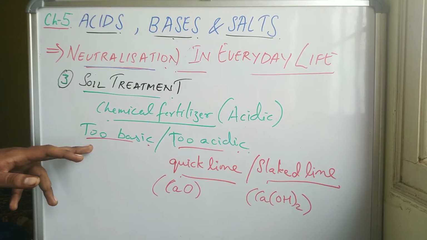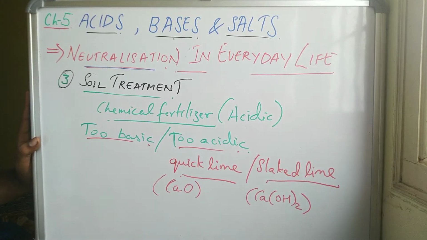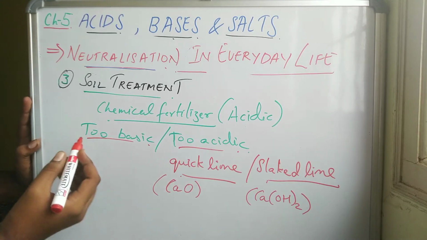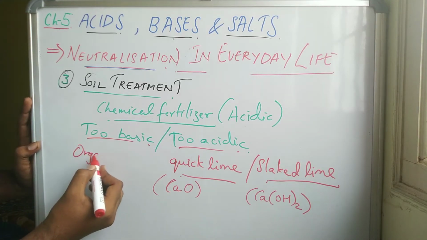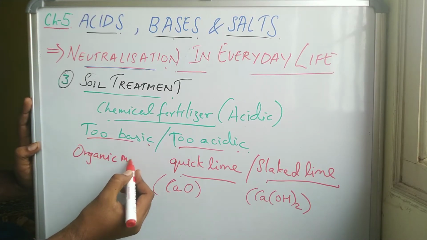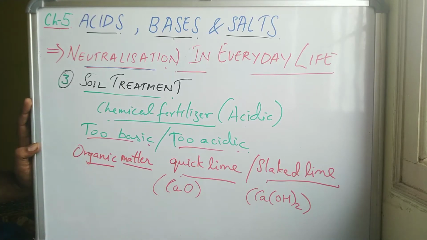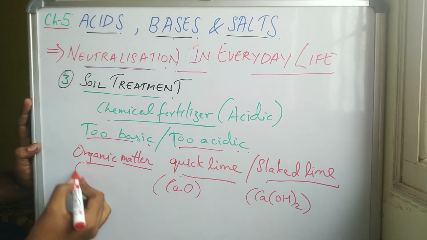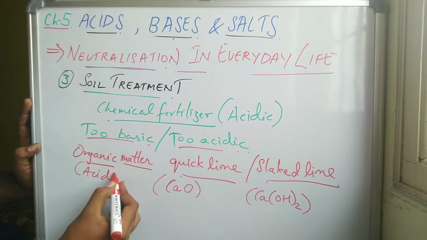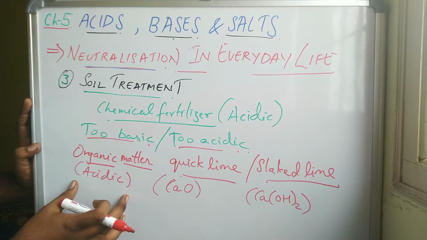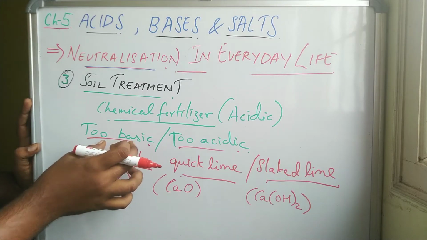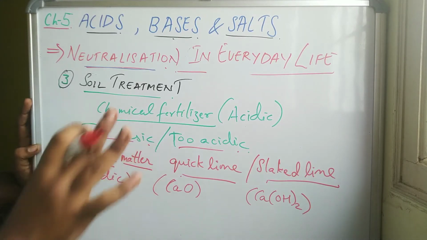If it is too basic, then organic matter is added. Now, why are we adding organic matter? Organic matter is acidic. Organic matter releases acid. So when the soil is too basic, it releases acid and it gets neutralized.